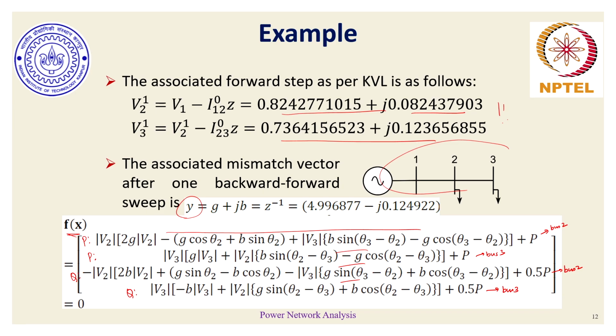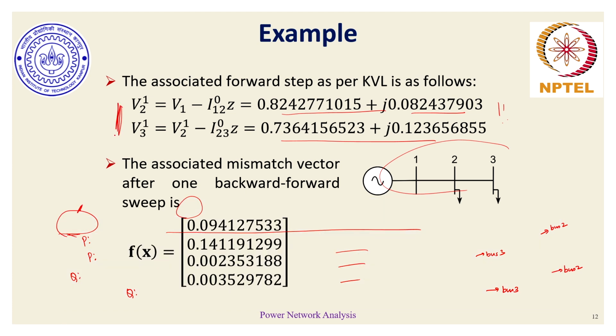corresponding equation form. So if we evaluate the mismatch vector, because we are trying to compare Newton-Raphson technique with backward forward sweep technique, if we evaluate this mismatch vector at this latest voltage solution, then the corresponding f of x that we would get is of this particular order.